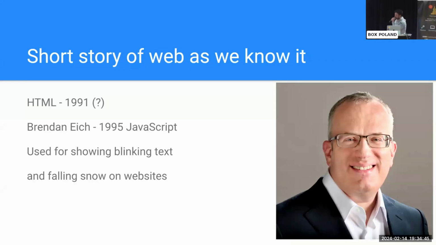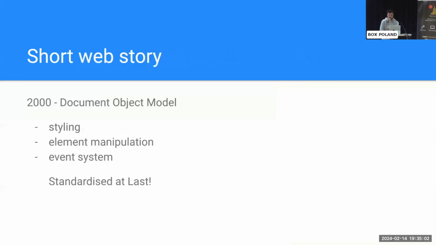So starting in 1995, we were able to add a falling snow effect on the website and display pop-ups. Cool thing. Then the Document Object Model was introduced in 2000.